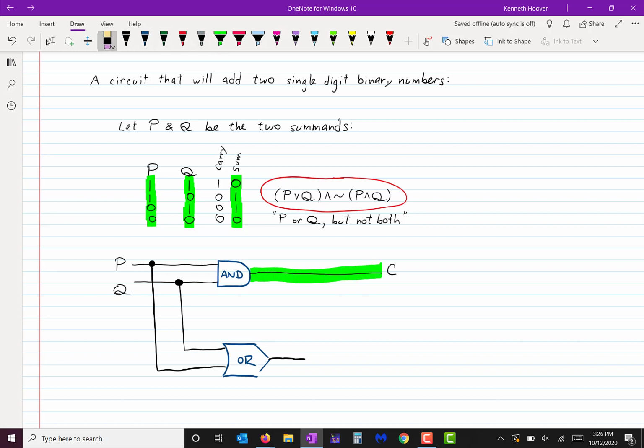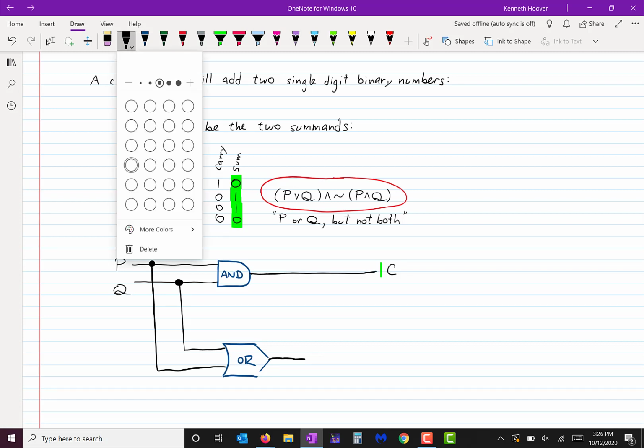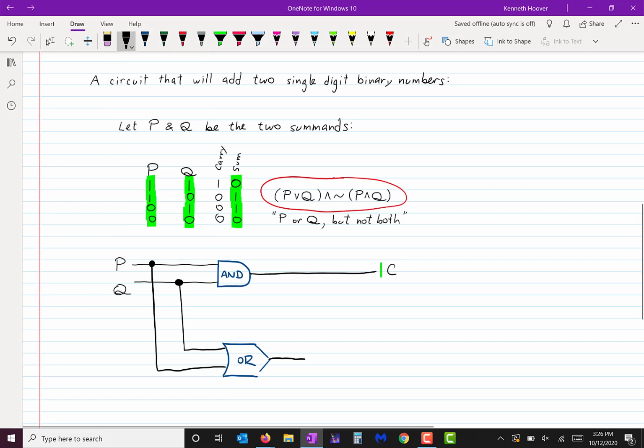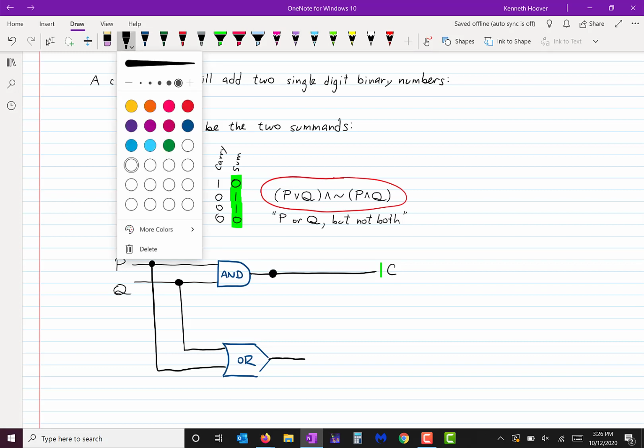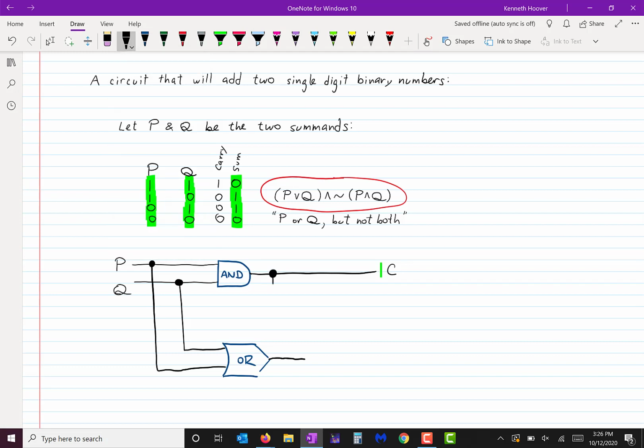So if I branch off of there, okay, send that output through a NOT gate. Now what would be coming out of there is not, whoops, I should have put a parenthesis. That will be not P and Q.